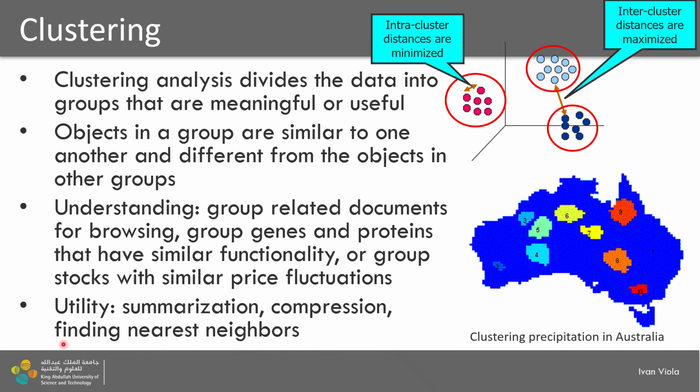It could also be very useful for finding nearest neighbors. Imagine that we are looking for relationships between various objects. Maybe we want to do KNN classification.